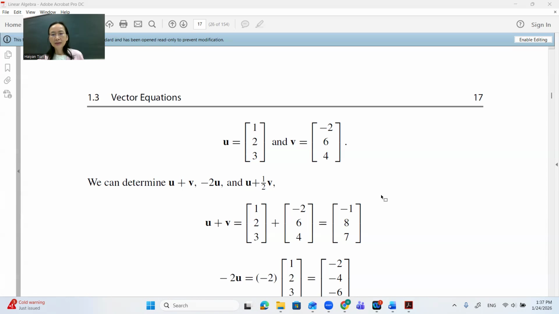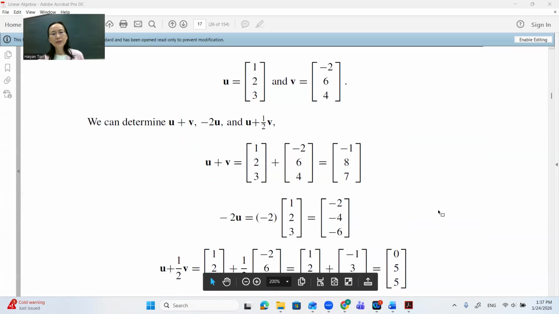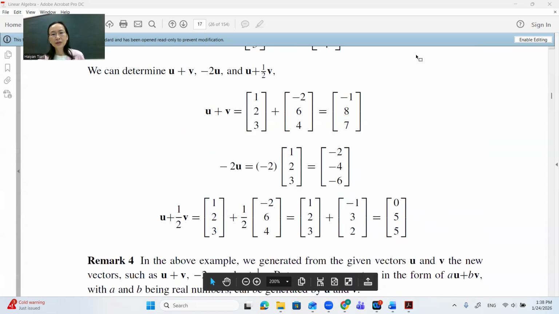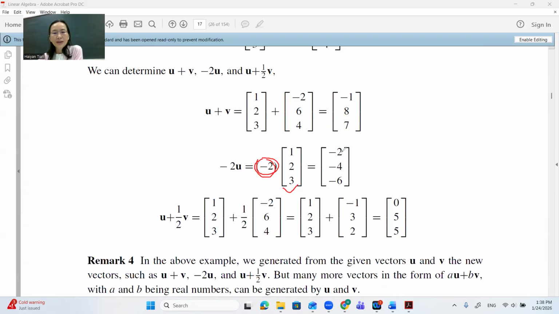And continue, we can do scalar multiple, right? So the u, which is the given u here, times a number, -2. So how do we do this multiple of u? This is a constant. So constant times u means we multiply each entry of u by -2.